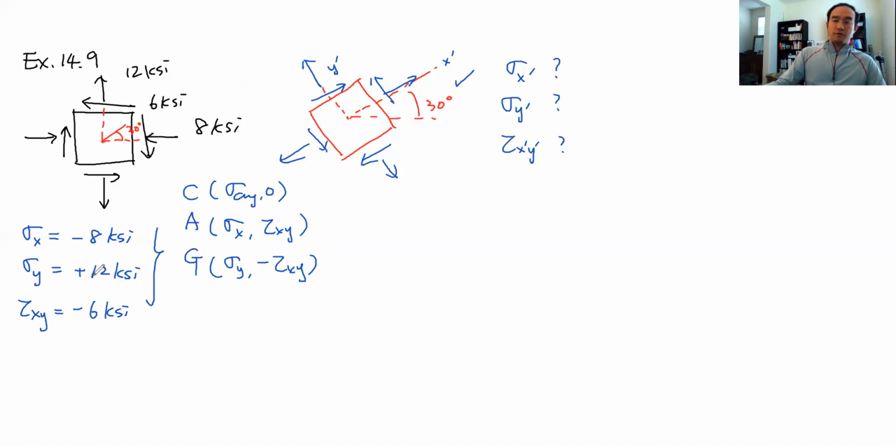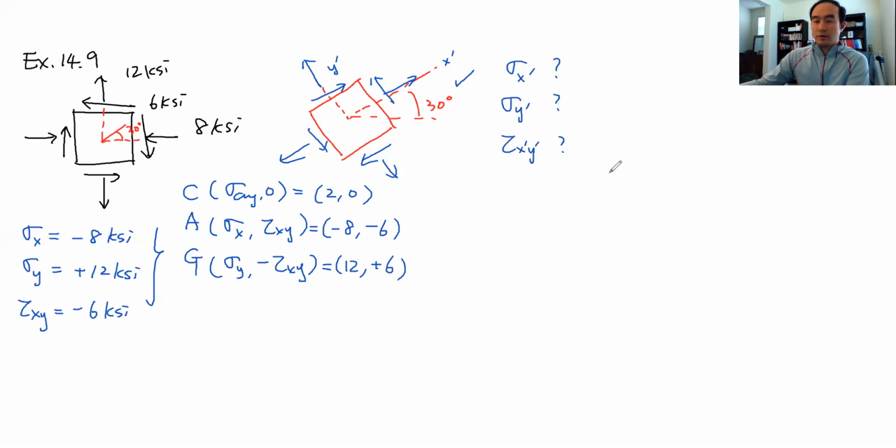Negative 8 plus 12 is 4, divided by 2 is 2, right? So it's going to be 2 comma 0. Sigma x is negative 8, so negative 8 comma tau xy, which is negative 6. This is sigma y, so positive 12 comma negative tau xy, which is negative negative, goes to positive, so positive 6. So these three points are going to be the starting point for our Mohr circle development.